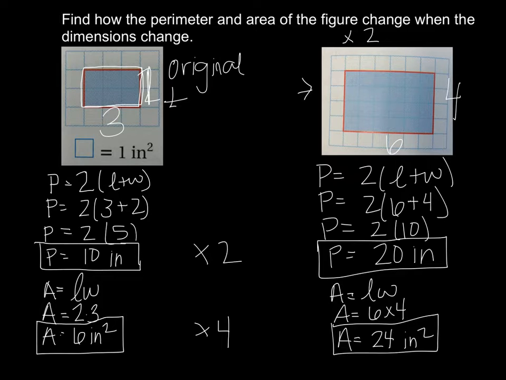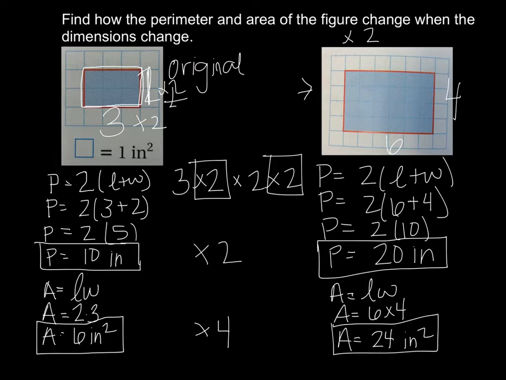Whereas here, I had to multiply this side by 2 and this side by 2. So if I wrote that out, I would do 3 times 2, which would be my 6, times 2 times 2. So I had 2 extra times 2 in there, so that's where we got our times 4. Okay, let's look into that a little more on the next one.